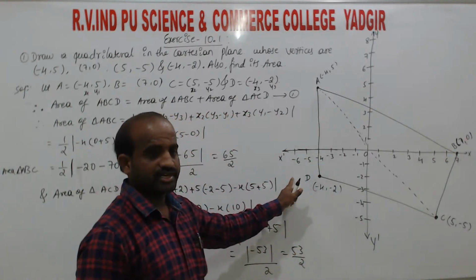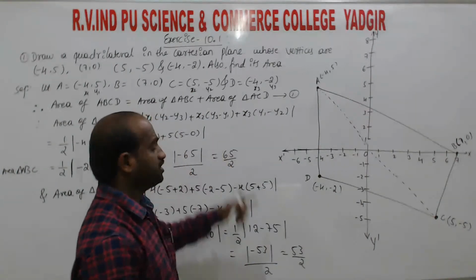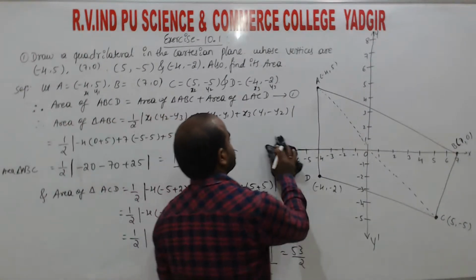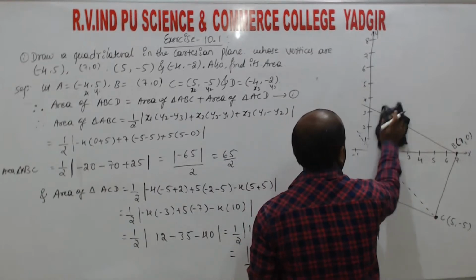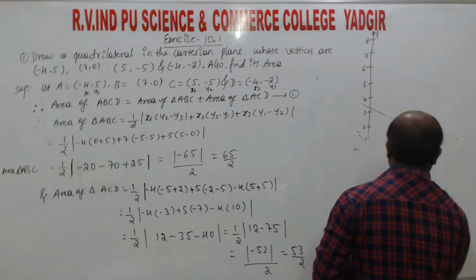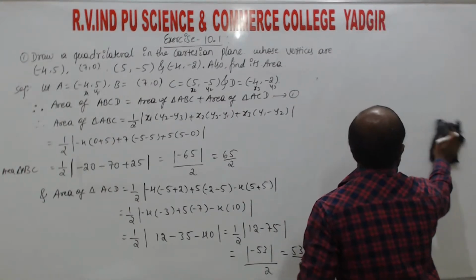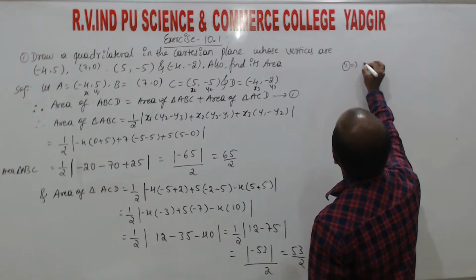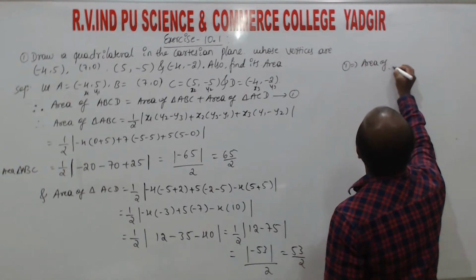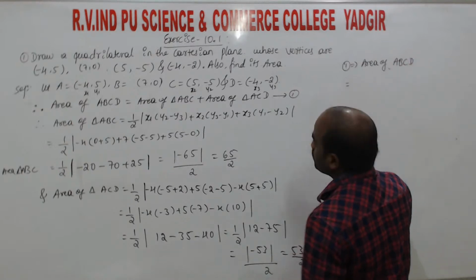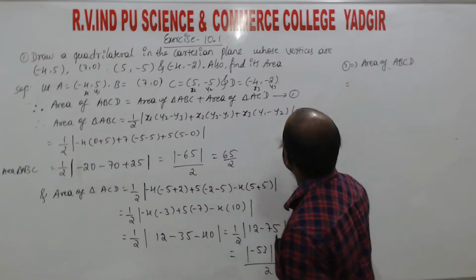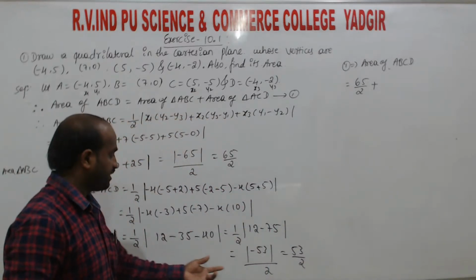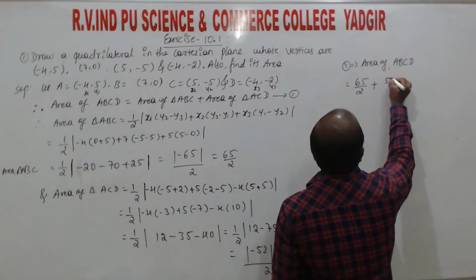This is what? A quadrilateral, four-sided figure. Okay. Next, adding these two: area of triangle ABC and area of triangle ACD. Equation 1 implies area of ABCD equals area of triangle ABC, 65 divided by 2, plus area of triangle ACD. Area of triangle ACD is 53 divided by 2.